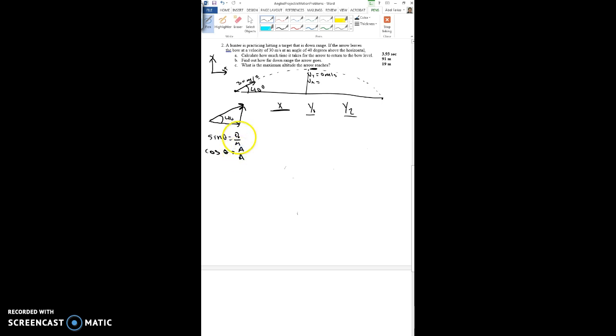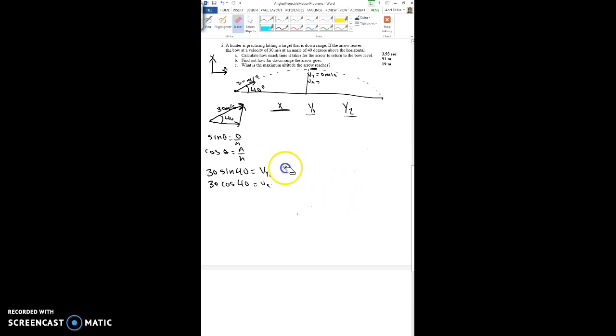So 30 sine of 40 gives me the velocity in the y direction for y1, this portion of the graph. Then 30 cosine of 40 gives the velocity in the x direction.